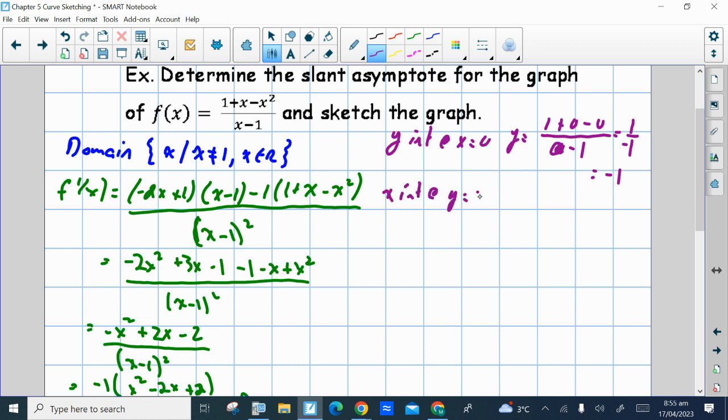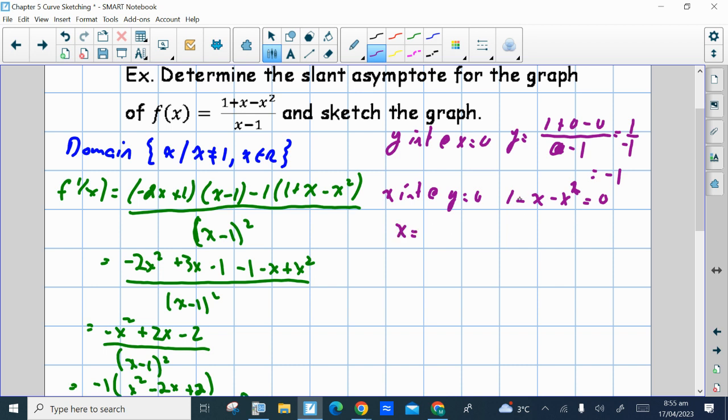Our x-intercept is where y equals 0. So that's where 1 plus x minus x squared equals 0. Because again, a rational function equals 0 when the top equals 0. Now that is not factorable, so once again, we'll use the quadratic formula.